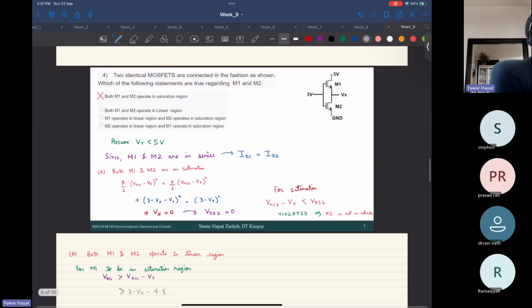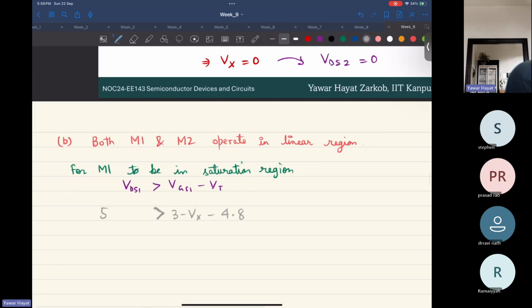But what is VDS1? Can anyone comment what is VDS1 for this MOSFET? VD minus VS, that is VDS1, right? So what is that? This minus this, 5 minus Vx. So this would be 5 minus Vx. So now Vx goes, and I'm left with 5 is greater than 3 minus 4.8.